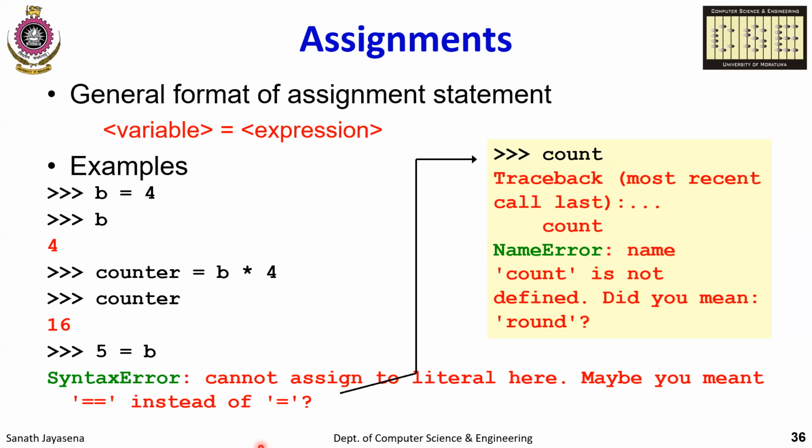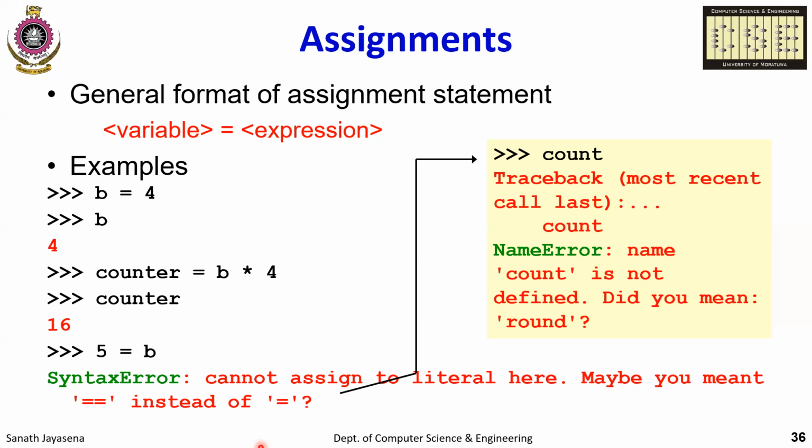Name count is not defined. It asks whether you meant round. Maybe round is a known function or some name that it knows. Actually, we mistakenly typed count, whereas we could have typed counter, but Python doesn't know that, right? So Python is simply just guessing.